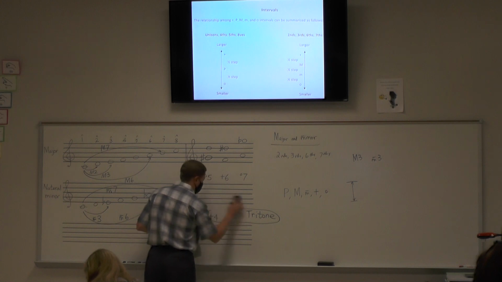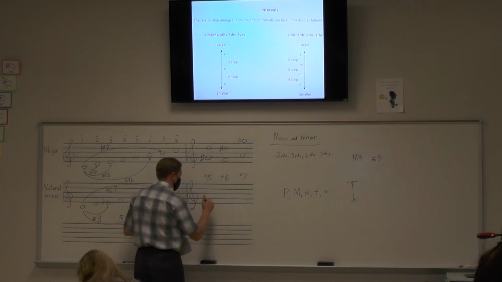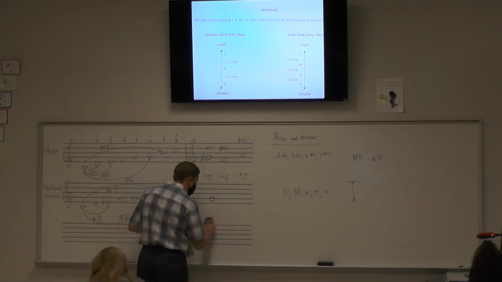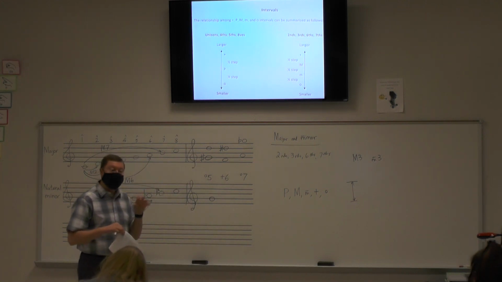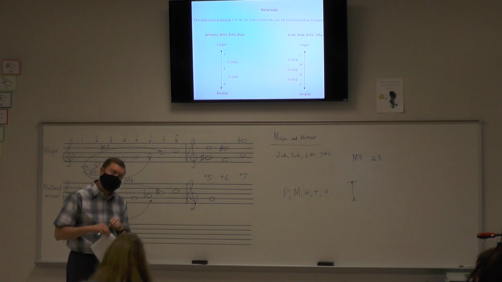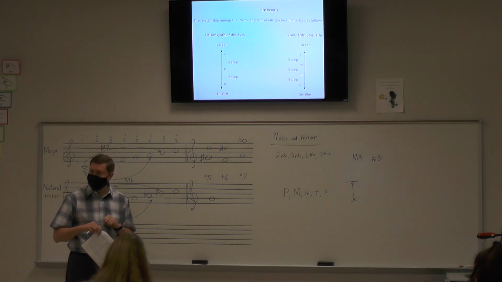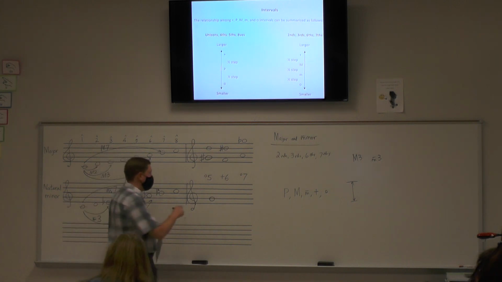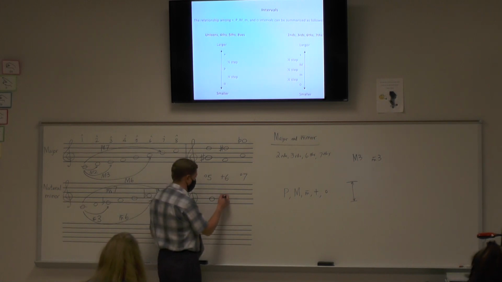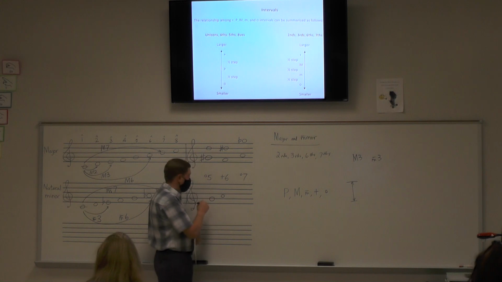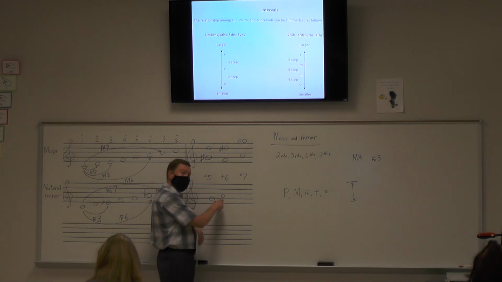If I go from G. Back in the olden days, hundreds and hundreds of years ago, the term tone meant whole step. What note is a whole step above a G? A, right? What note is a whole step above an A?